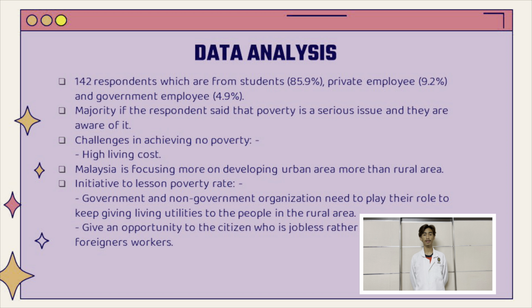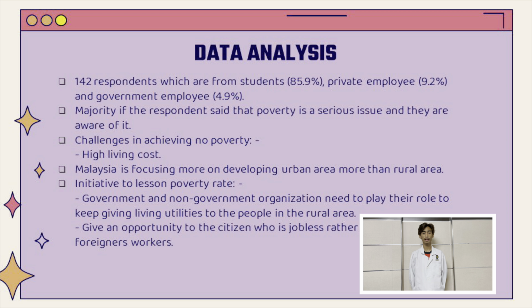On a scale of 1, strongly disagree, to 5, strongly agree, we asked the respondents, does Malaysia focus on developing urban areas more than rural areas? And the majority said yes. Lastly, we also asked the respondents about the initiatives and efforts to lessen the Malaysian poverty rate.